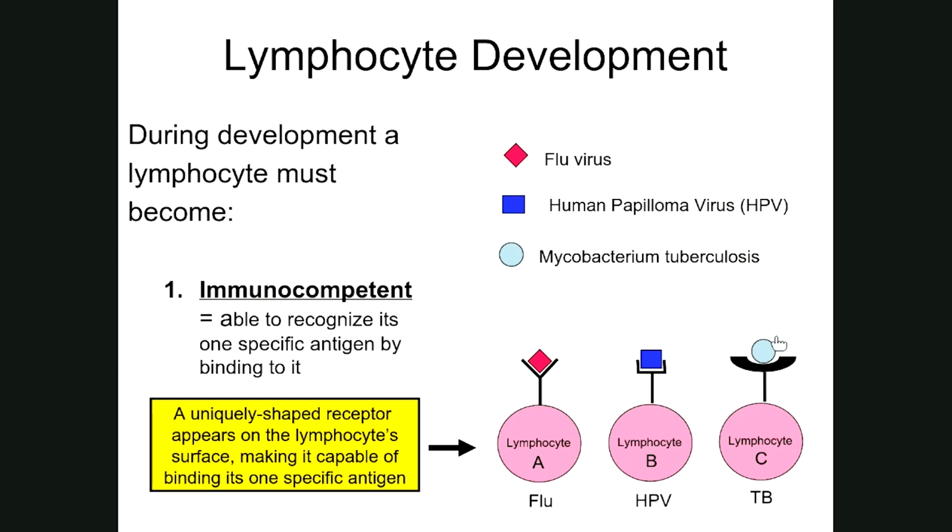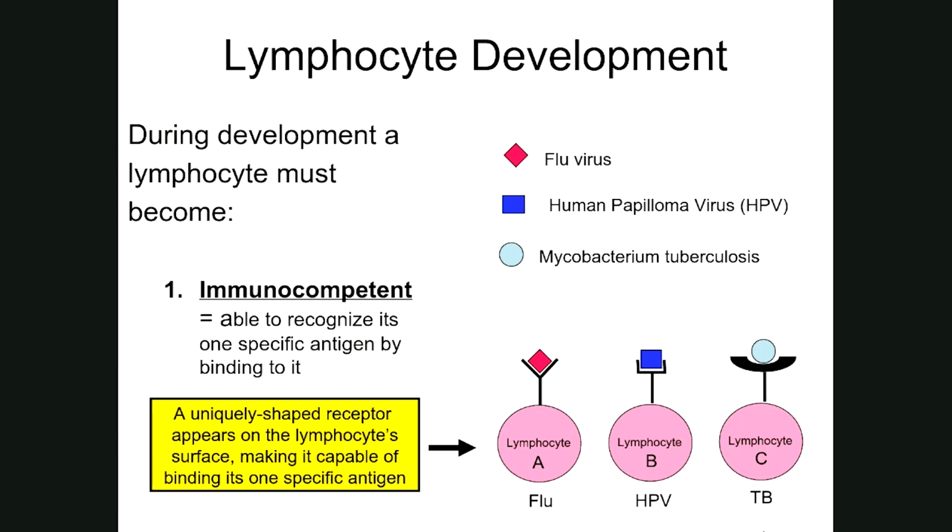Here's my little representation of tuberculosis bacterium. Of course, it isn't a blue circle, but it has a specific shape, and the receptor that is sprouted on the surface of a lymphocyte that's immunocompetent for tuberculosis bacterium is going to have a shape that allows it to bind tuberculosis bacterium like a lock and key. So once the cell has this receptor of a certain shape that allows it to bind a specific antigen, we consider it to be immunocompetent.